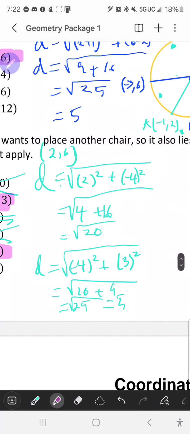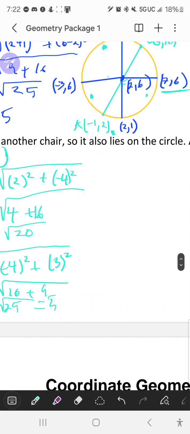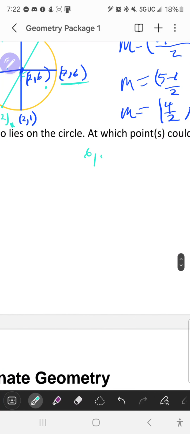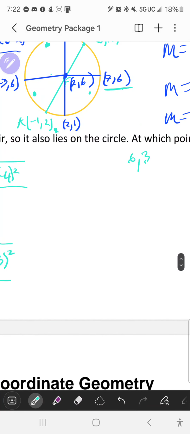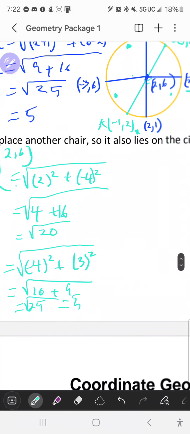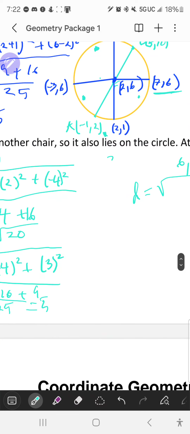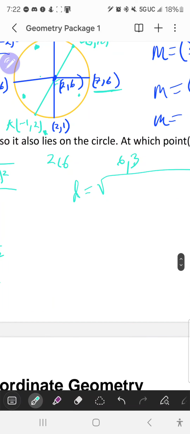Now, F. Distance formula, and I know the square root, and this is going to be 2, 6, right? Yeah, so it will be 6 minus 2, which is 4, so 4 squared.